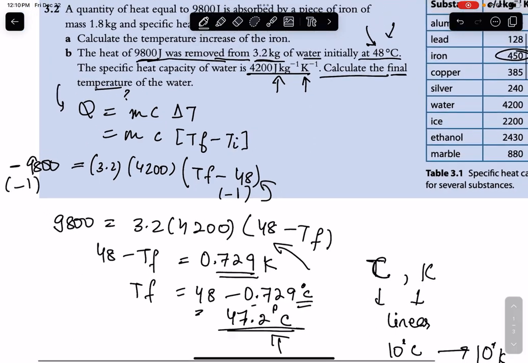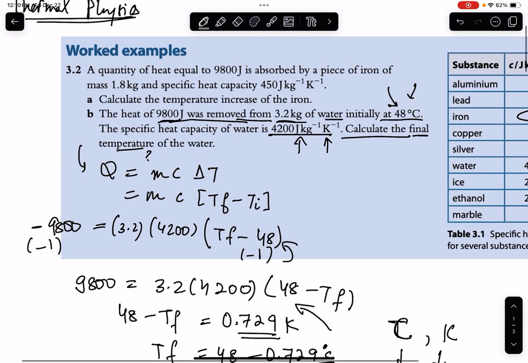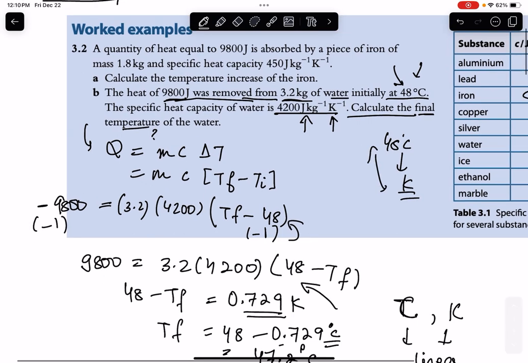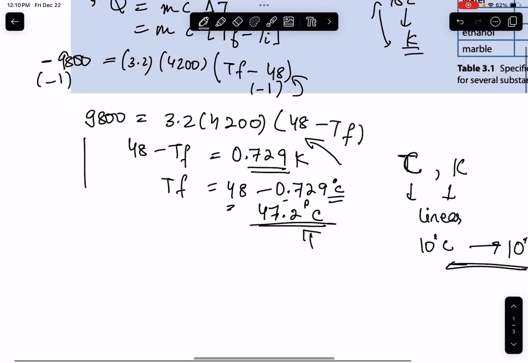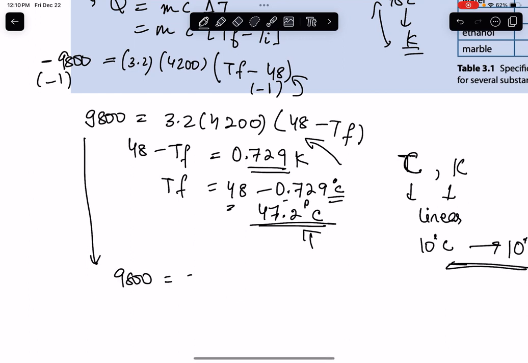Okay. Now, if you want to be safe, then you can just use Kelvin for all temperatures, which is also a good way, right? So you could convert 48 degrees Celsius into Kelvin and do it that way. Okay, that can also work over here. So for example, if we do it that way, then 9800 is 3.2 times 4200, and then this would be 48 plus 273 minus the final temperature.